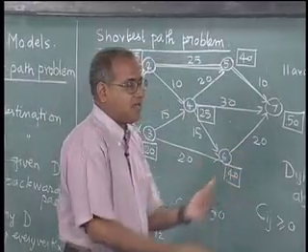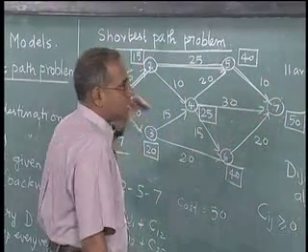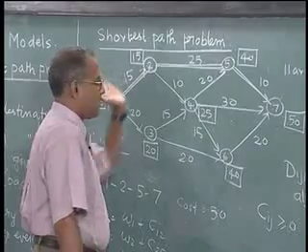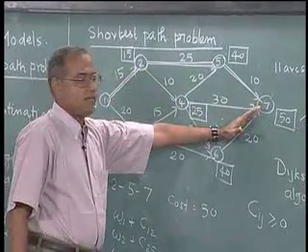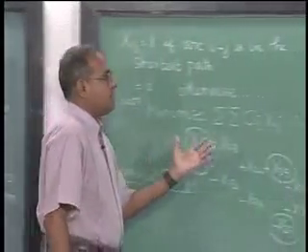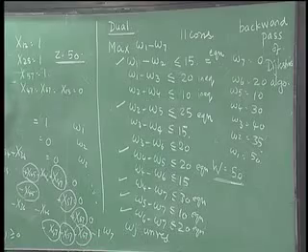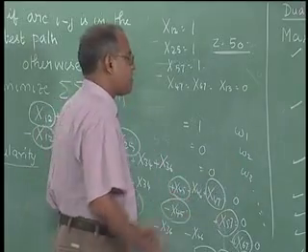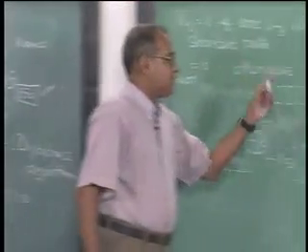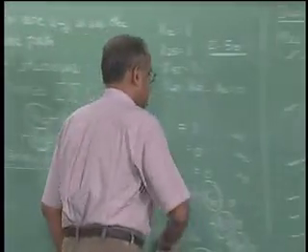We have already seen that whether you do a forward pass or a backward pass, you will still get the shortest distance from the source 1 to the destination 7. So, effectively the Dijkstra's algorithm is a very nice primal dual implementation of the linear programming formulation of the shortest path problem. Now, there is also an interesting relationship between these forward passes and the backward passes, and we will see that right now.